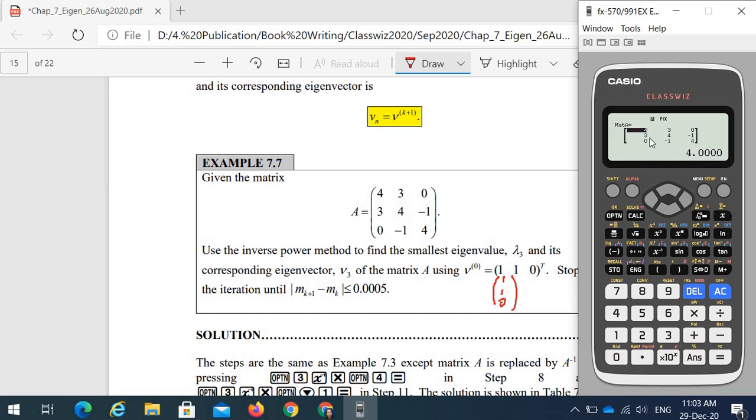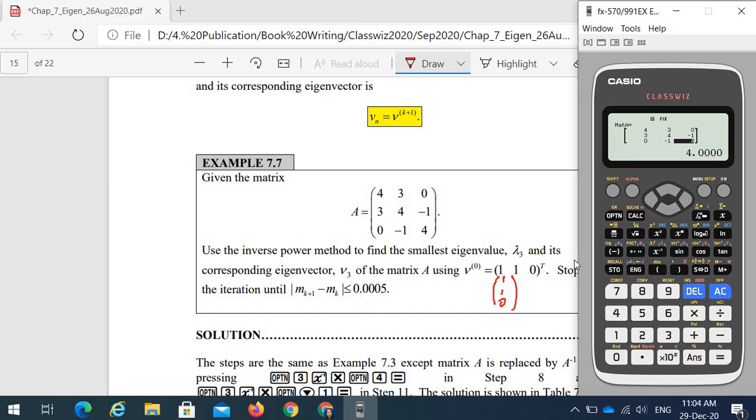If not, just input 4 equal, 3 equal, 0 equal, 3 equal, 4 equal, negative 1 equal, 0 equal, negative 1 equal, 4 equal, but it's in the memory already.